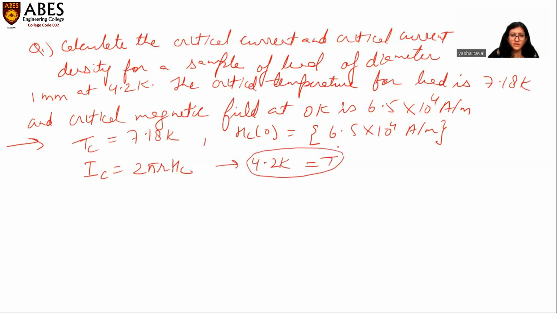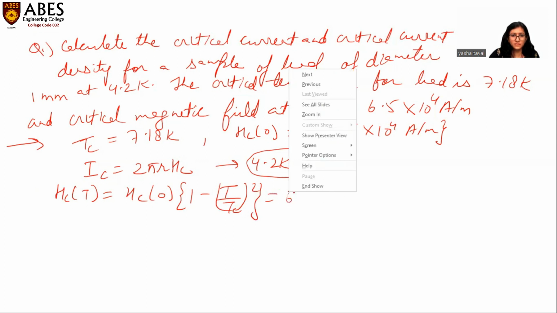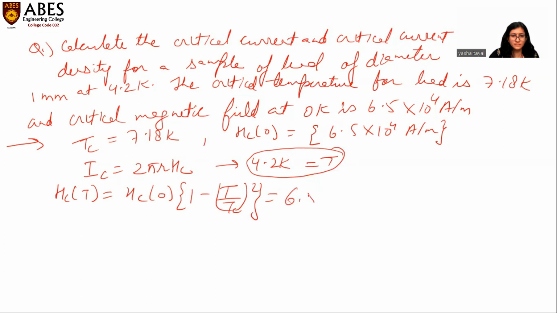So at 4.2 Kelvin, we have to determine Ic, which means that this field cannot be the field at 0 Kelvin. So first we need to determine the field at 4.2 Kelvin. So for that we have to make use of this formula. And through this formula, we're going to keep the values.